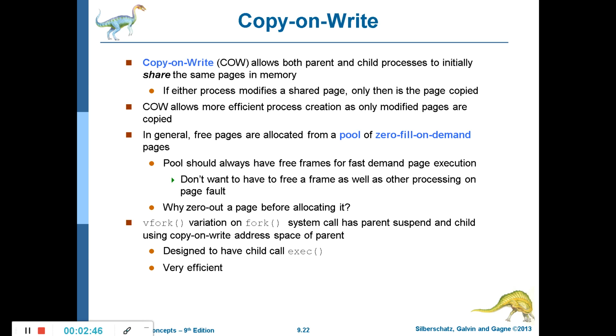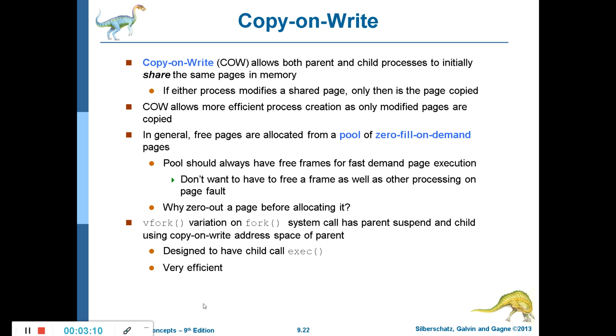The pool should always have free frames for fast demand page execution. We don't want to have to find a free frame as well as do other processing on a page fault. Why zero out a page before allocating it?